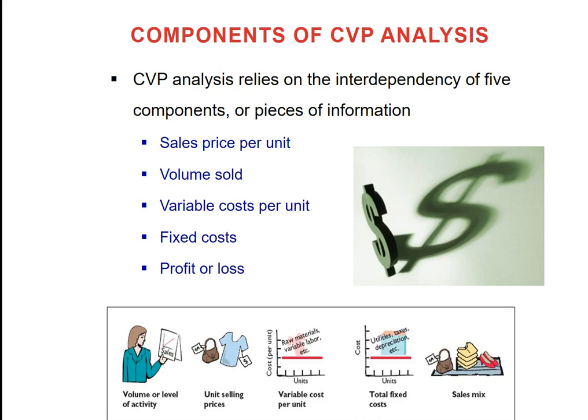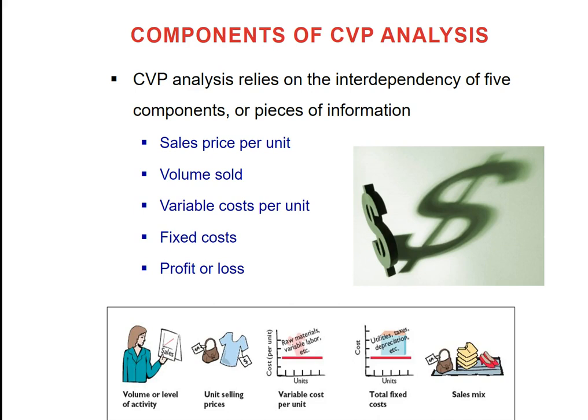So here you will have to use several variables. One is sales price per unit, volume sold, that means how many units you are selling, variable costs per unit, fixed cost, and of course we all want to know operating income or profit or loss. Managers need to take some decisions to reach a certain amount of profit.